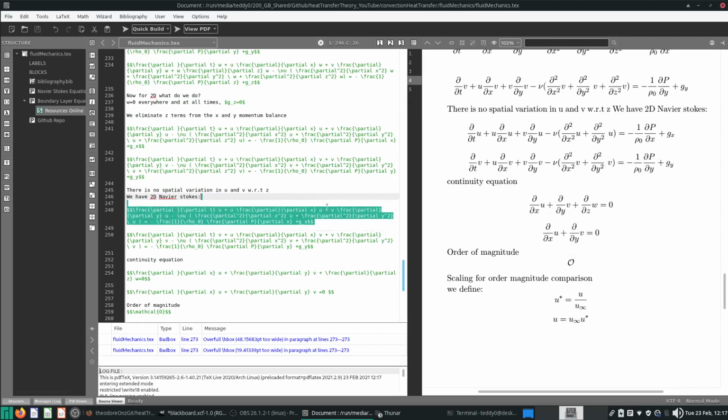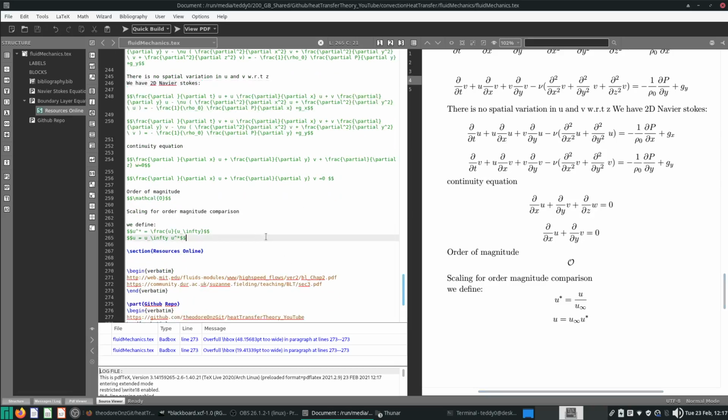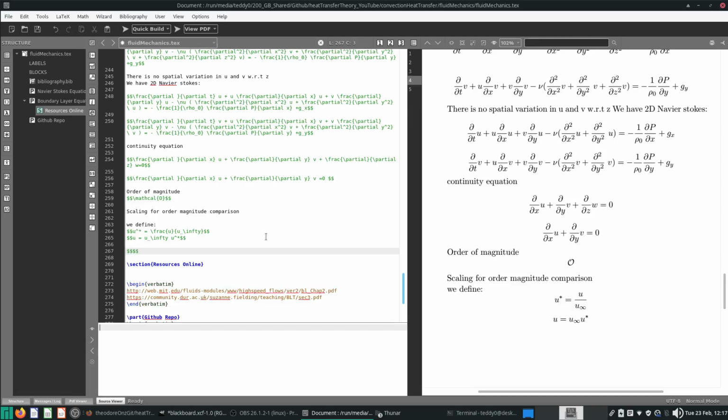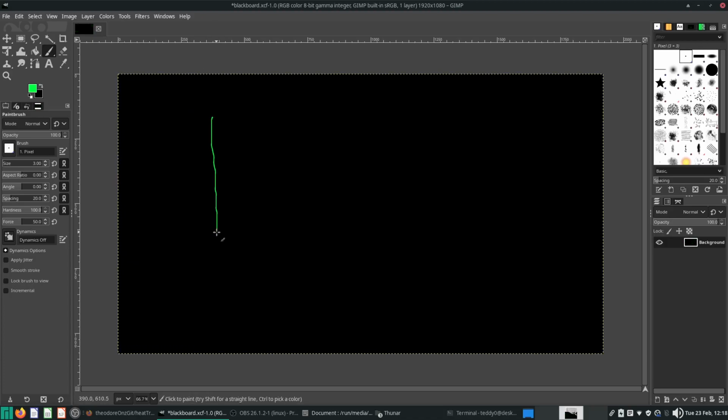We already kind of did this order of magnitude comparison for the x velocity. Now let's do an order of magnitude comparison for x. Let's do x star equals x over L. Remember we were saying for a flat plate, at length L, there will be some boundary layer thickness delta.